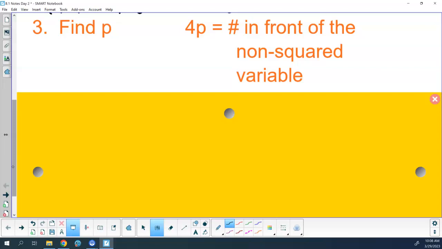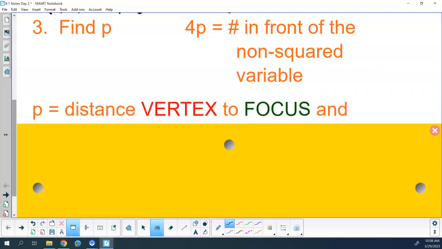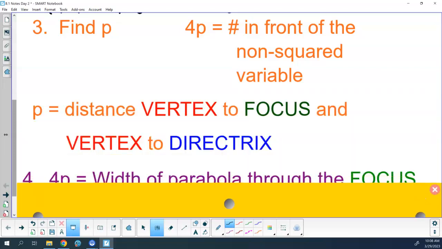So it's 2 distances. And the direction of those distances goes with the direction of the opening. So the direction to the focus is the same as the direction of the opening. The direction to the directrix is opposite the direction. P is the distance.